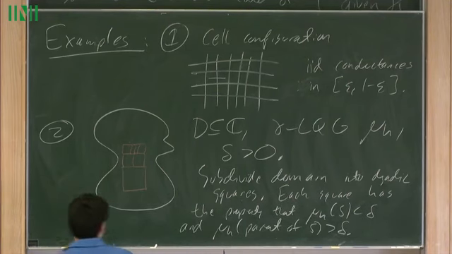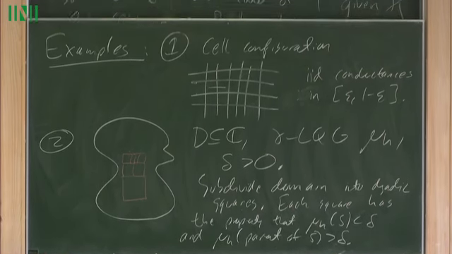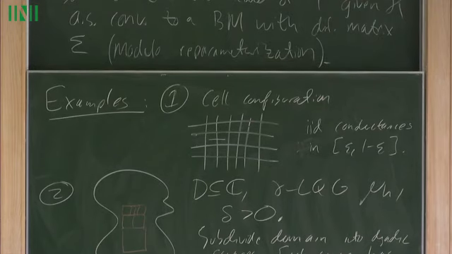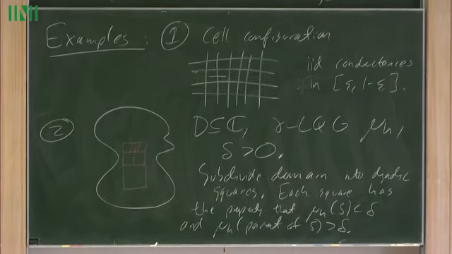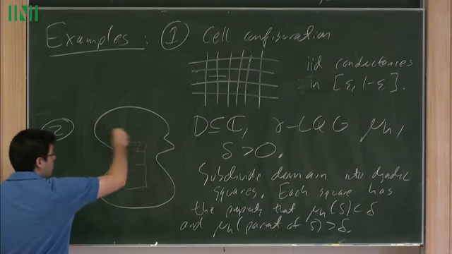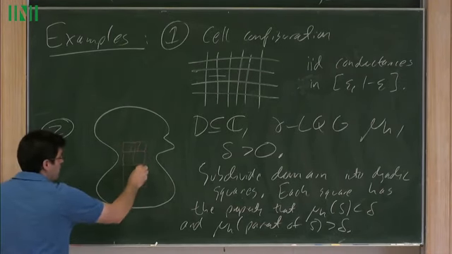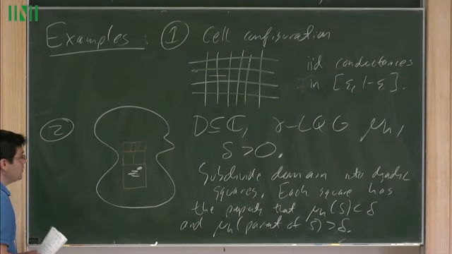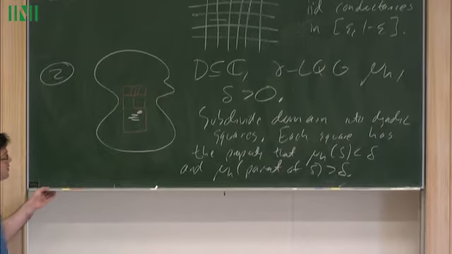Okay? So this gives you a random cell configuration, and now you get a cell configuration where you can apply the theorem by picking a Lebesgue typical point. So maybe your point lands in here, and then you take a limit by sending delta to 0.